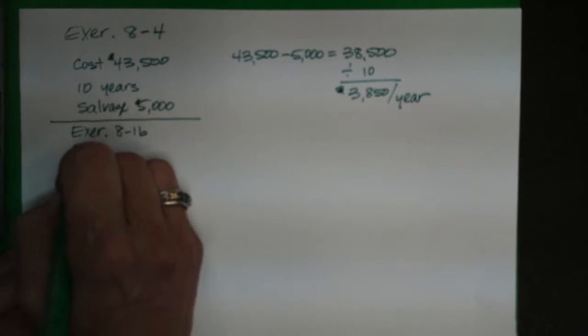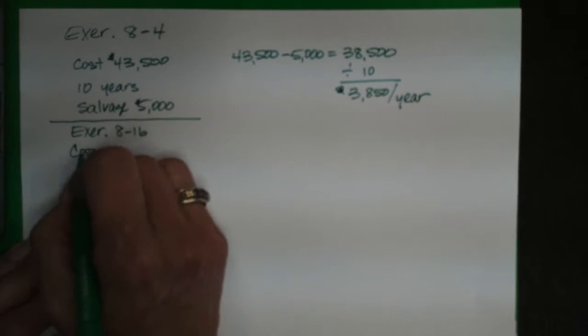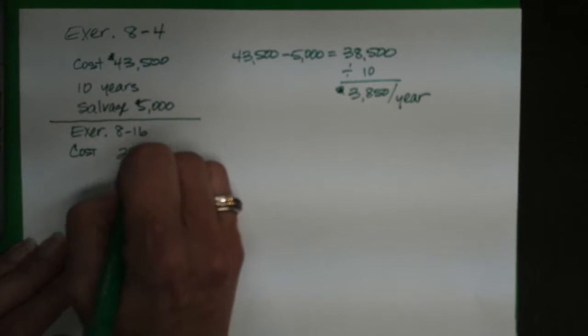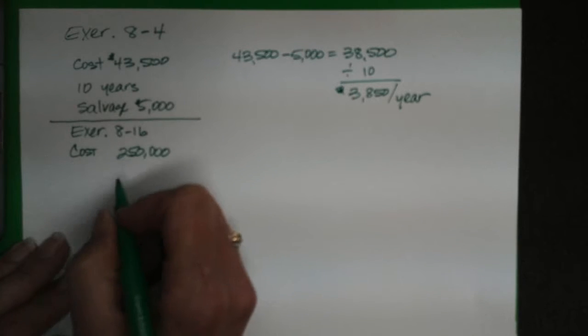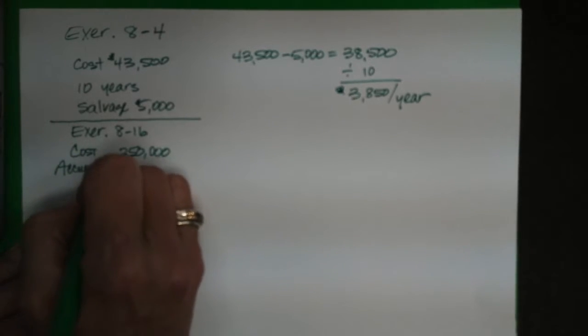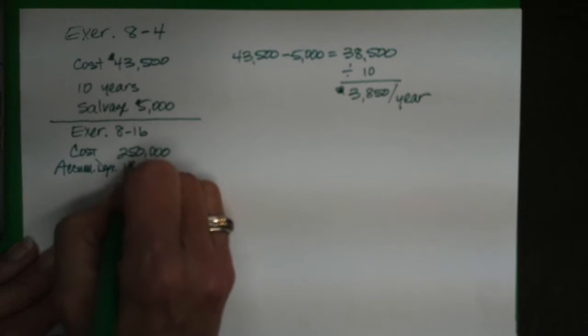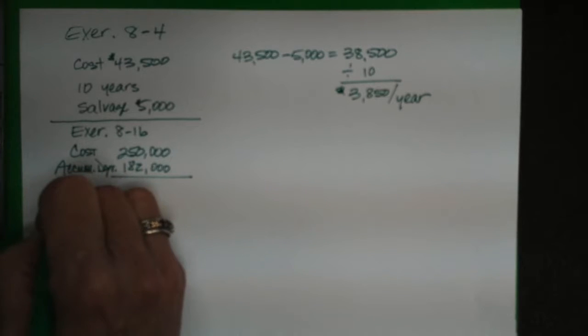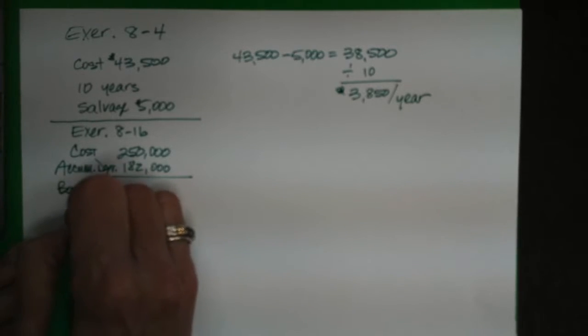Okay, so its cost, which is what is in the equipment account, is $250,000. It has accumulated depreciation of $182,000, which means it has right now a book value.